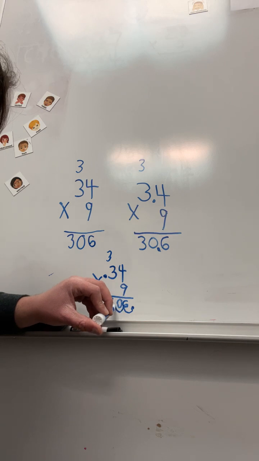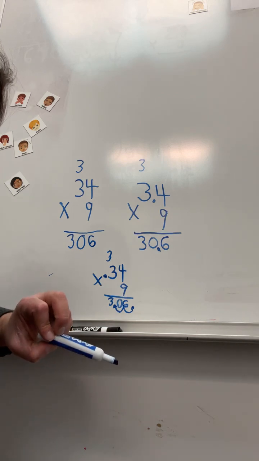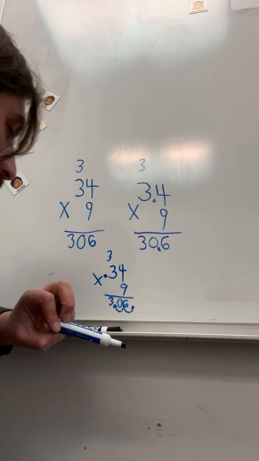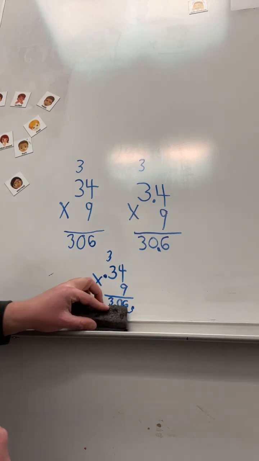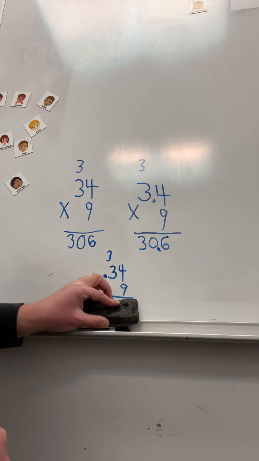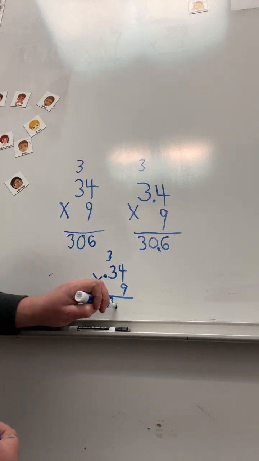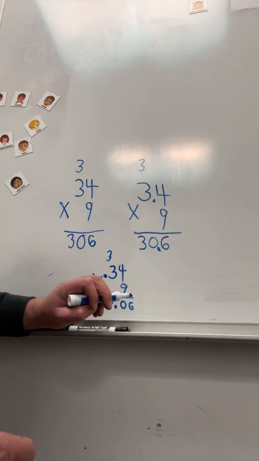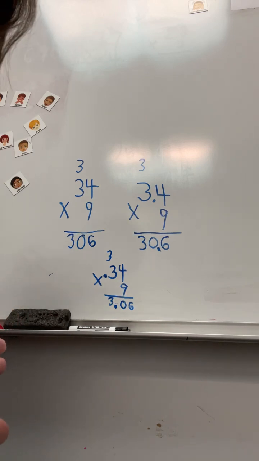Now we move it over a second place. And now it's 3 and 6 hundredths. Three and 6 hundredths.